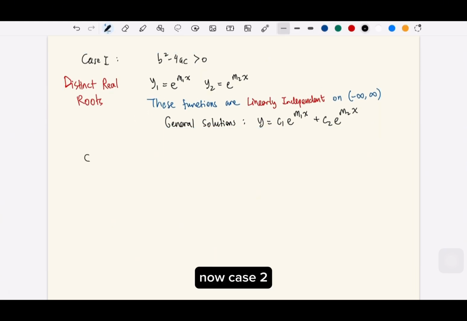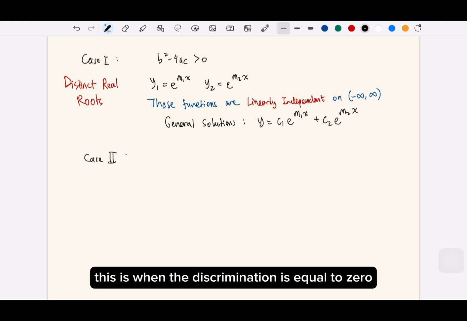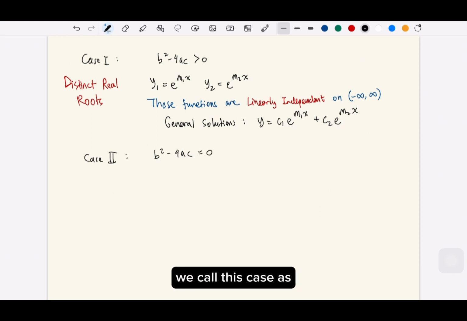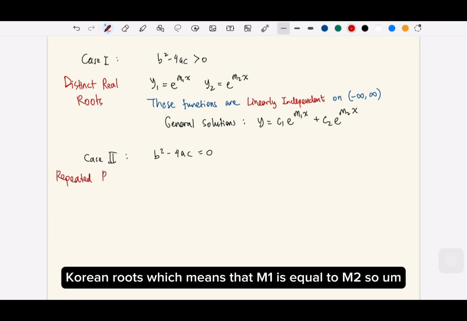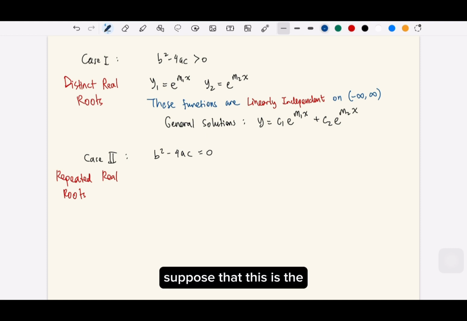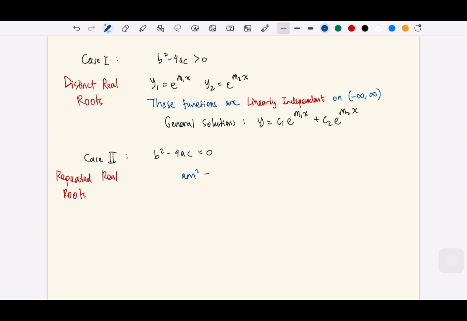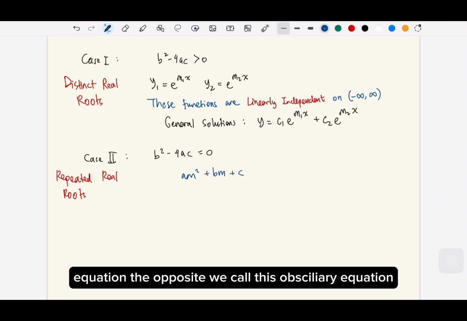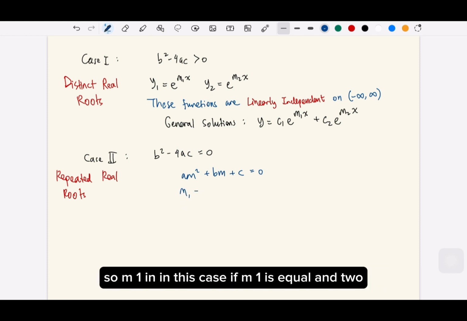Now, case 2, when the discriminant is equal to 0. We call this case repeated real roots, which means m1 is equal to m2. Suppose this is the equation, we call this the auxiliary equation.